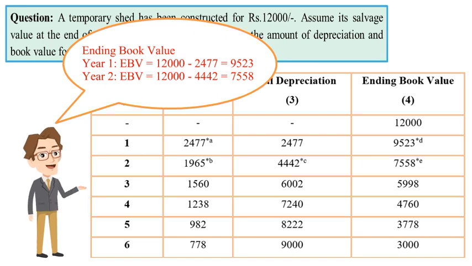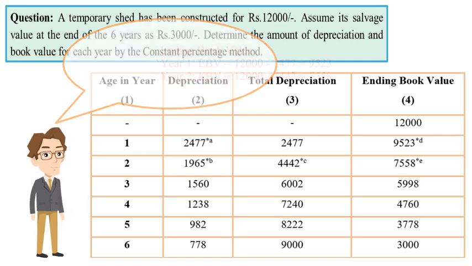For year 1, ending book value equals 12,000 minus 2,477 equals 9,523. For year 2, ending book value equals 12,000 minus 4,442 equals 7,558. And so on for subsequent years.